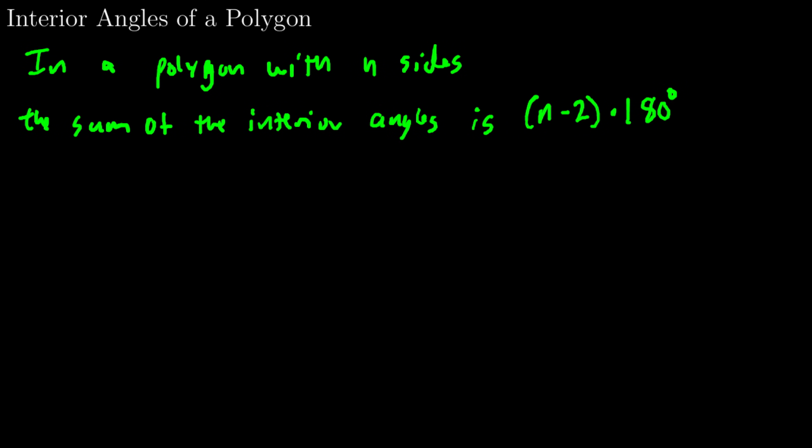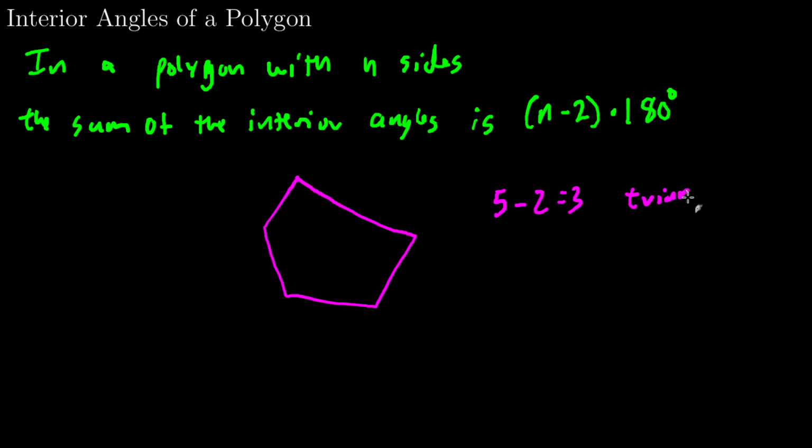And a brief reason for this. Let's consider a pentagon. I can turn this pentagon into 5 minus 2, this n minus 2, 3 triangles. I can do it in this way: I can go from one of my vertices through the interior to two other vertices. I see 3 triangles.